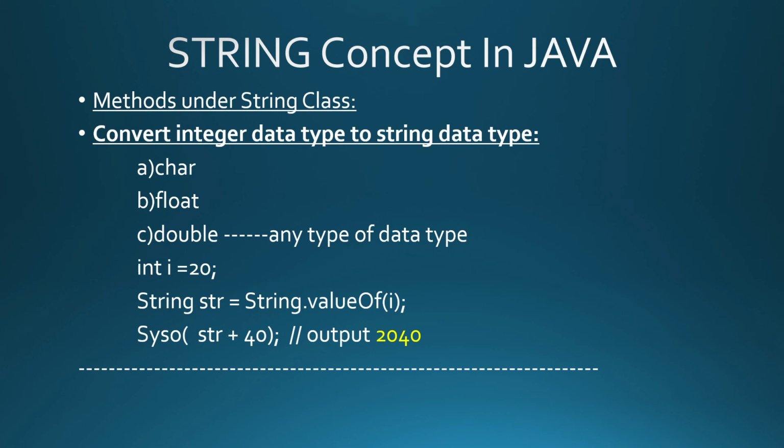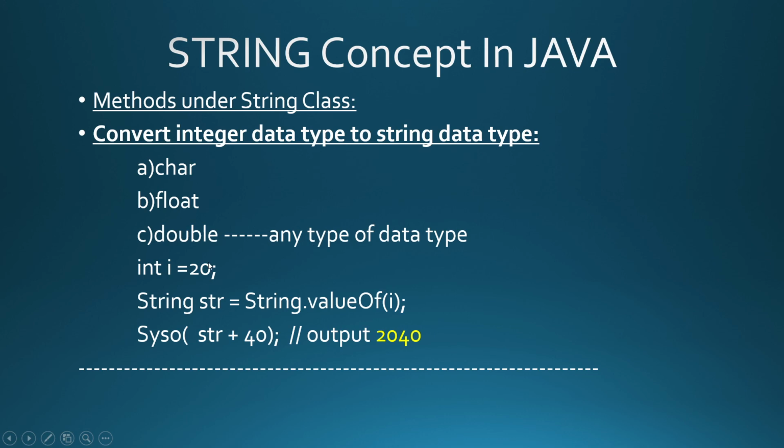Then the next one is how to convert integer data type to string data type, or any data type to string data type. Any data type here means, for example, we can have char data type, float data type, double data type, int data type. It won't matter which data type it is, we can convert any kind of data type to string data type.